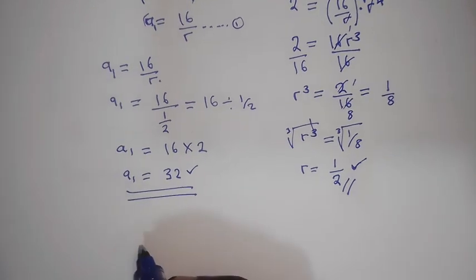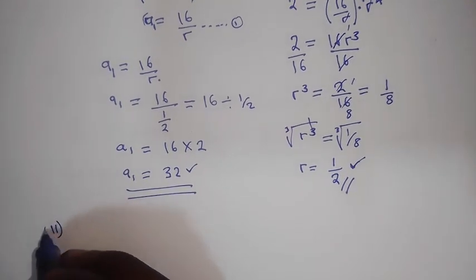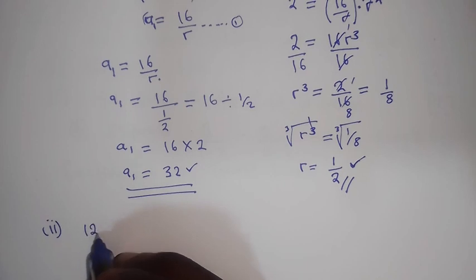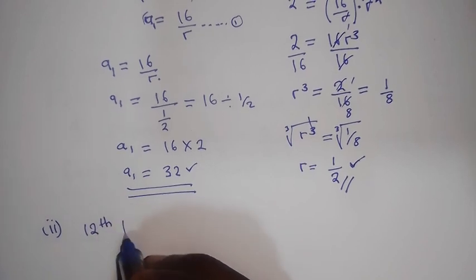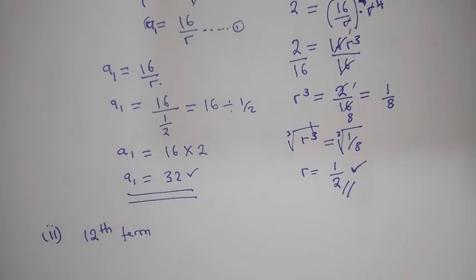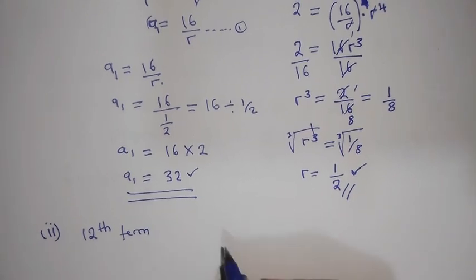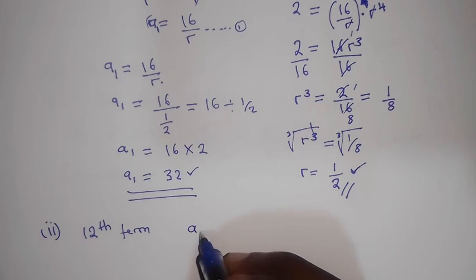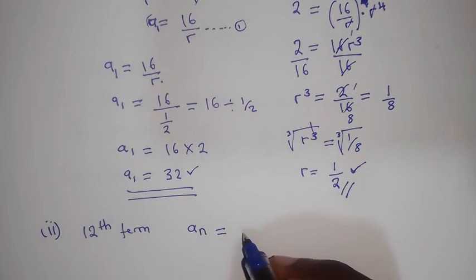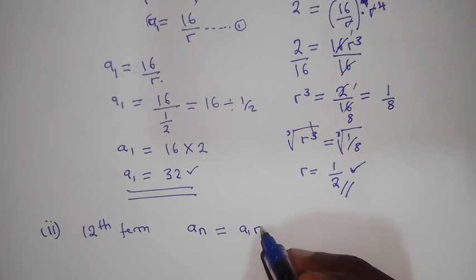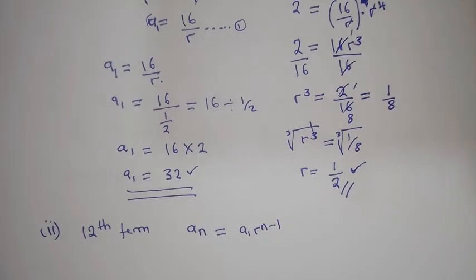So on B, we are looking for the 12th term. The formula is still an is equal to a1 multiplied by r to the power n minus 1.